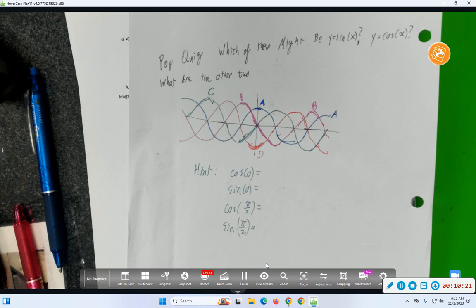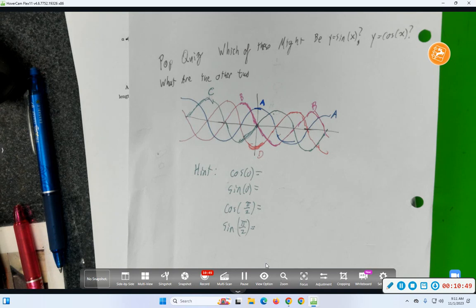Let's start with this. What's the sine of 0? Pull out your unit circle if you like. So you start at (1, 0). You rotate by an angle of 0. What's the y coordinate where you land? 0. So what's the sine of 0? 0.